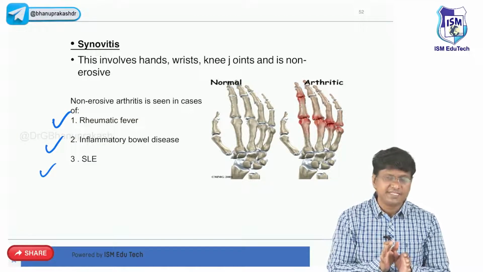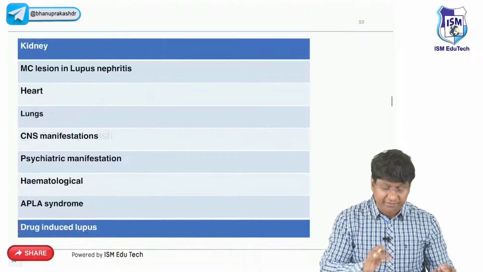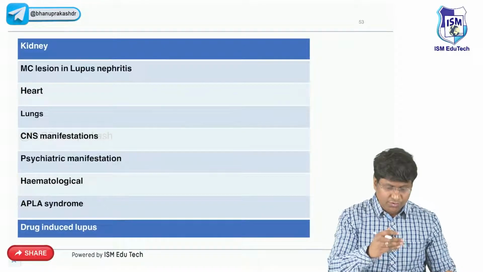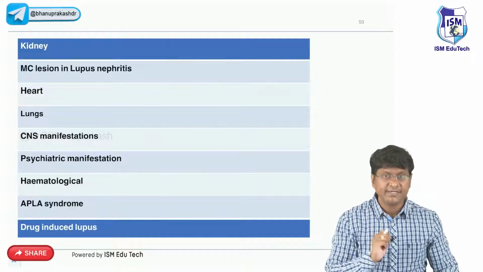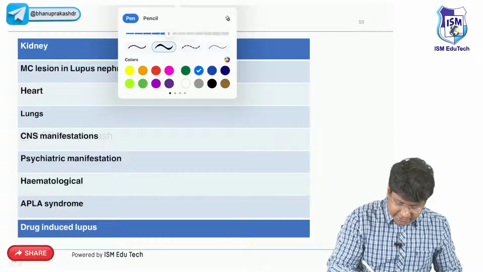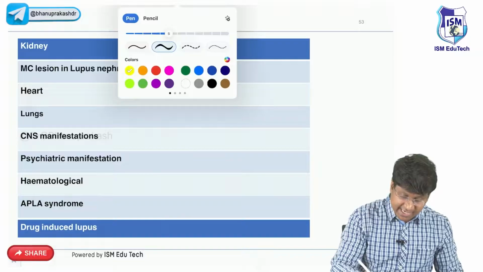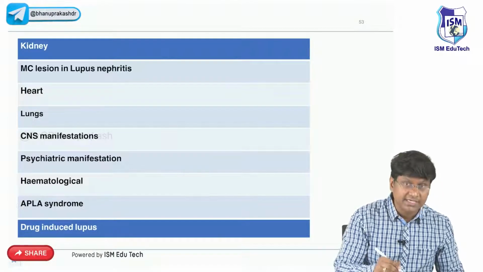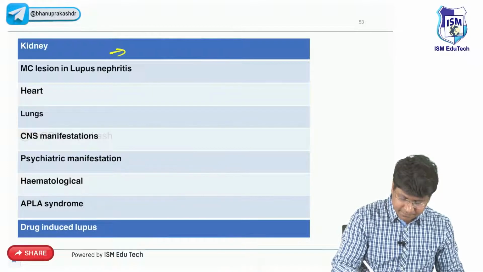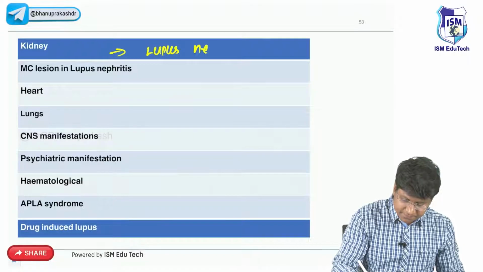Now let me take up the discussion of all the organs which are affected in SLE. There is involvement of the kidney, and if the question is asked, the kidney involvement we call lupus nephritis.